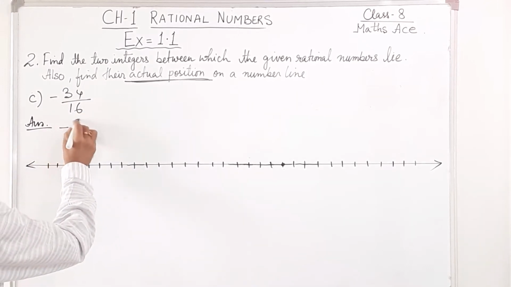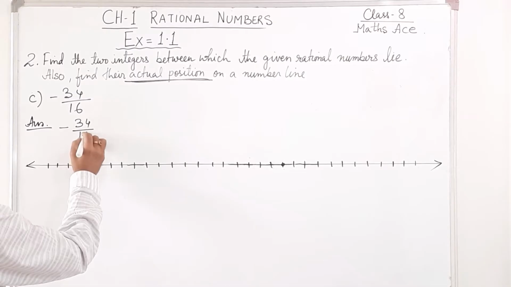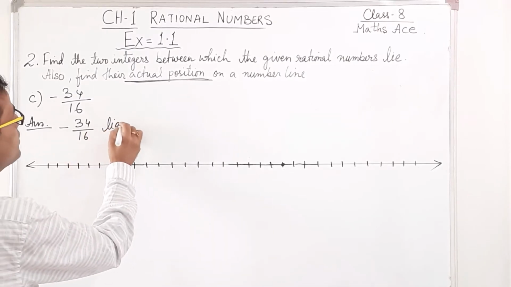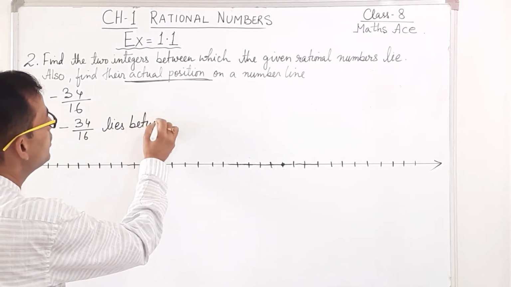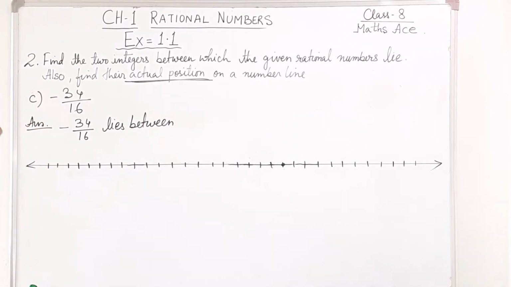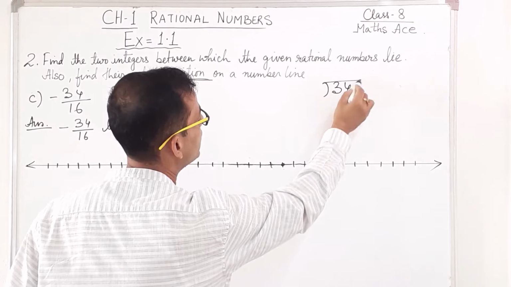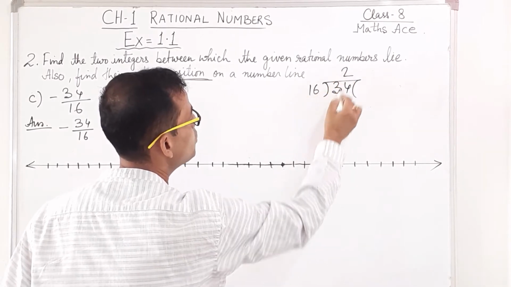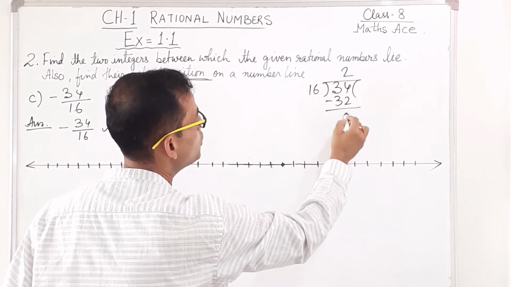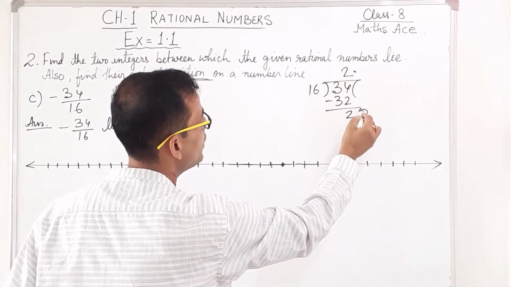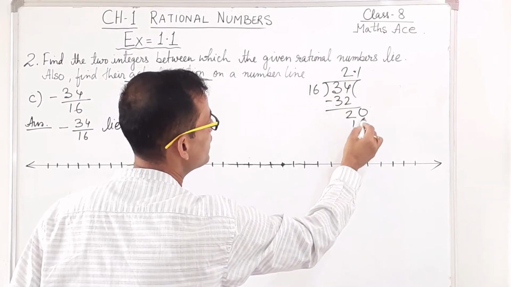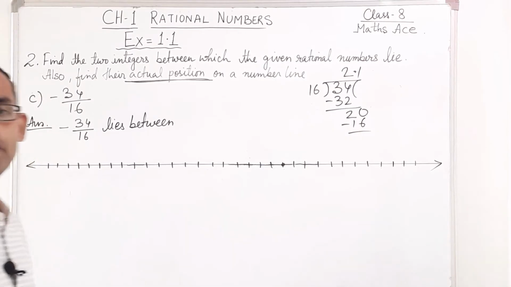So minus 34 by 16 lies between which ones? We will divide. So 34 and 16: 16 2s are 32, remainder 2, then point 0, 16 1s are 16. So you can see 2.1.